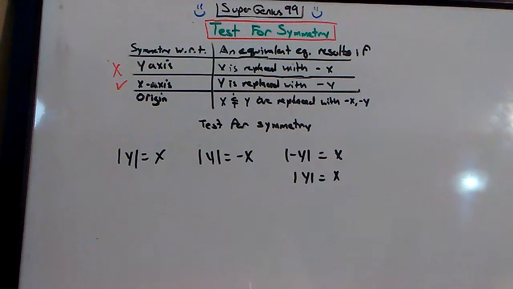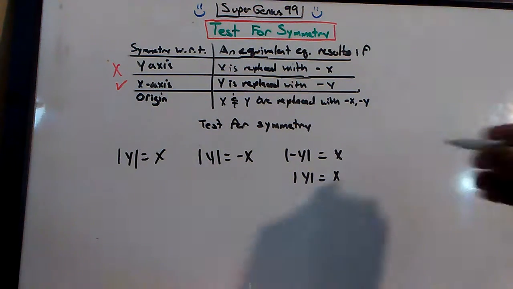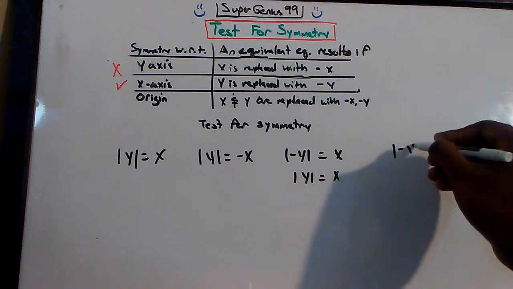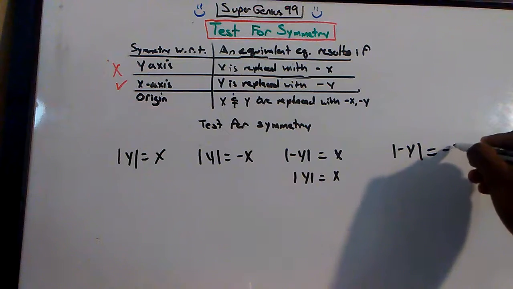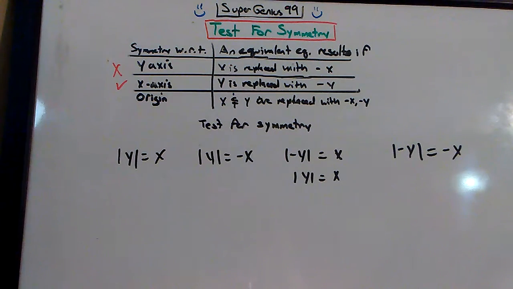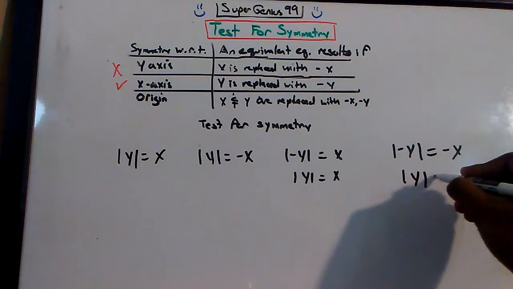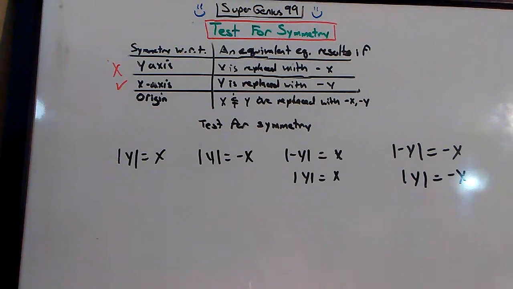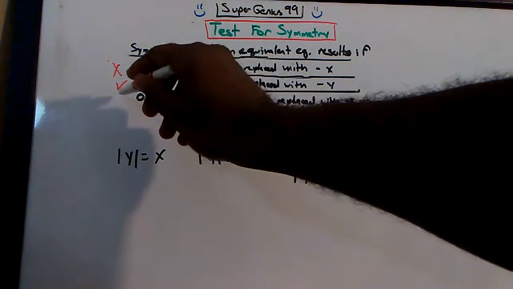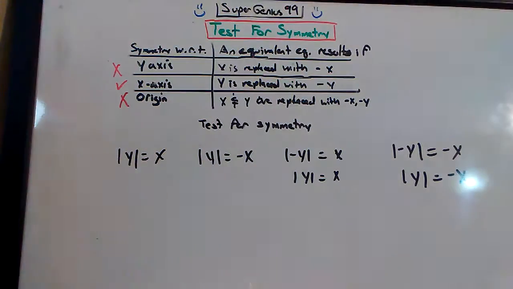How about the origin? Simplify that, what do you get? And is that the same as the original? Nope. So you got the x-axis, and that's it.